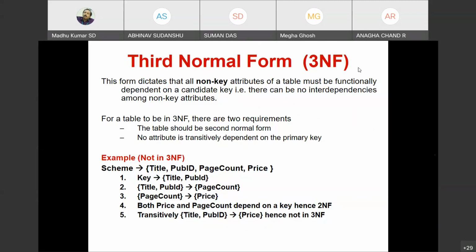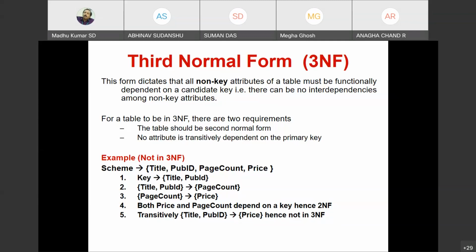Okay, it is wrong. Actually, all non-key attributes should be non-transitively dependent on the primary key. That is the condition for a relation to be in third normal form. First of all, it should be in second normal form, and non-key attributes, that means those attributes which are not part of the key.